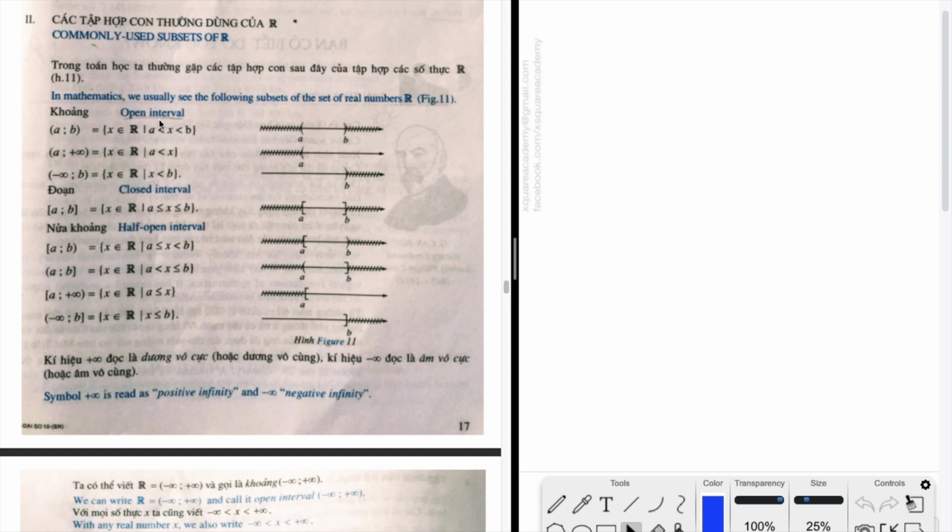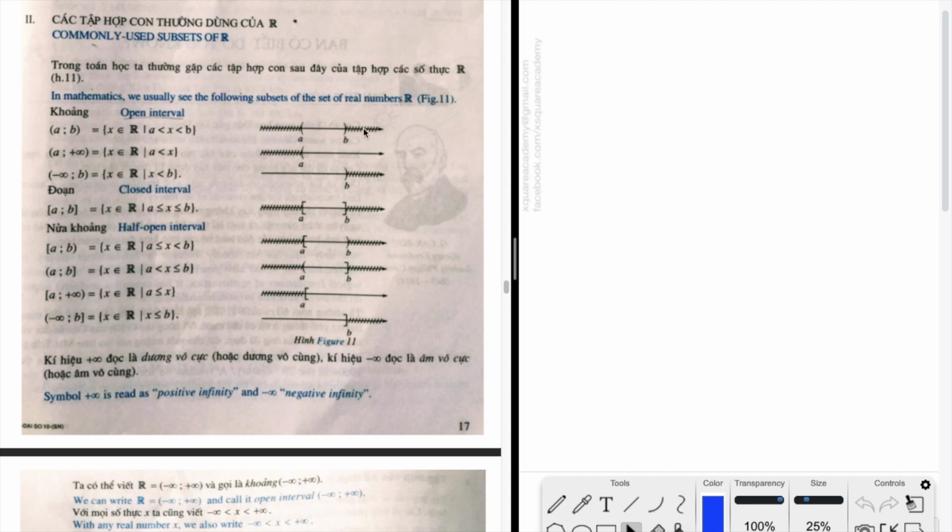Firstly, the open interval. That means x, an element of the set of real numbers, such that x is greater than a and x is less than b.